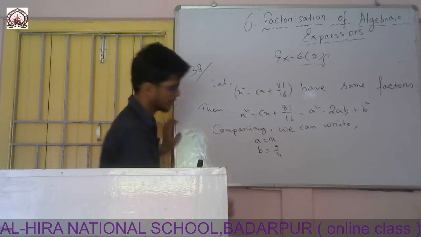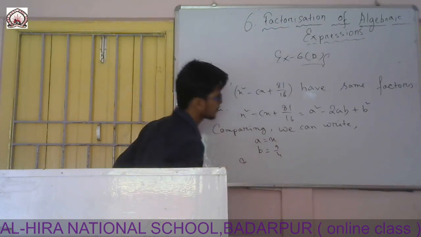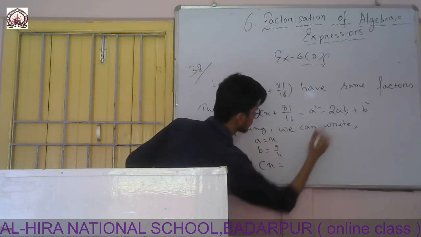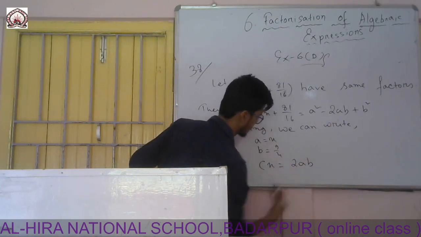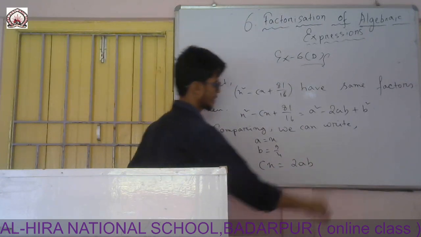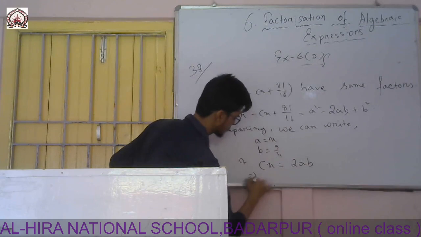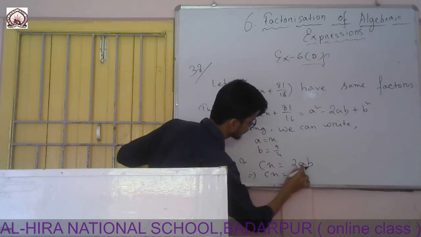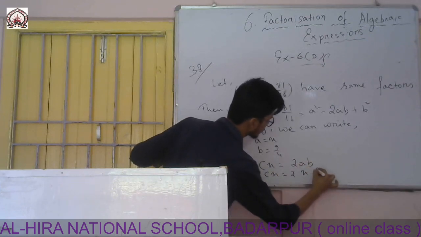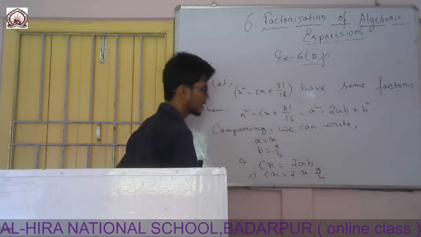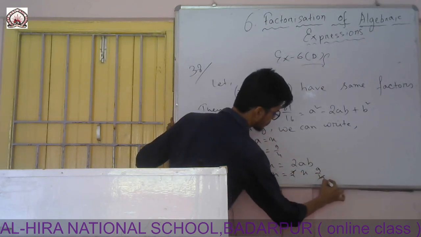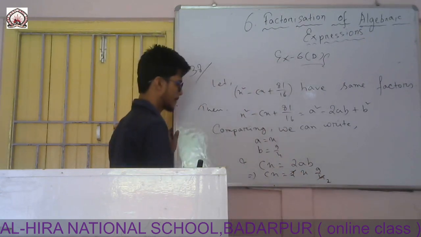And cx will be equal to twice ab. So now if I solve, I can write cx here, and we know the value of a, which is x, and b is 9 by 4. Now if I cancel this 2 and this 2, 2 twos are 4.